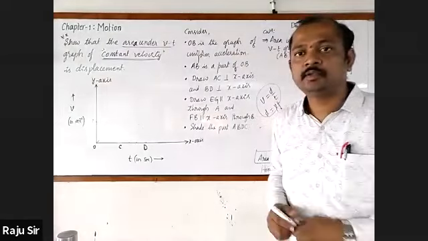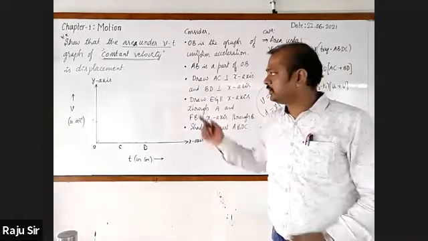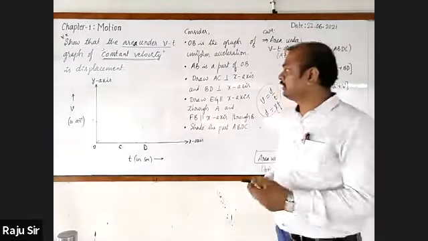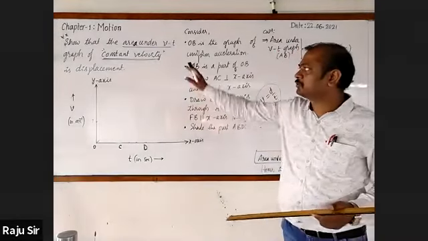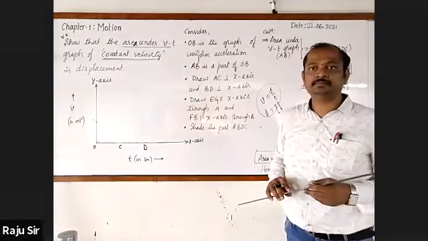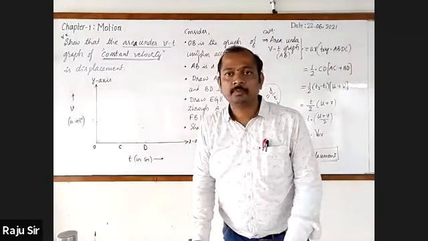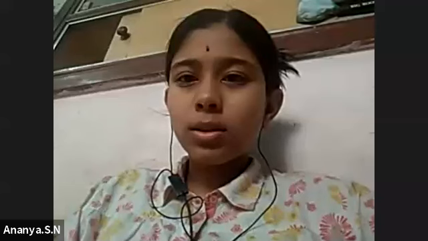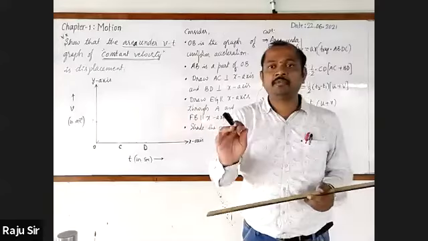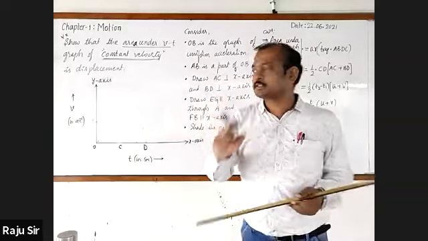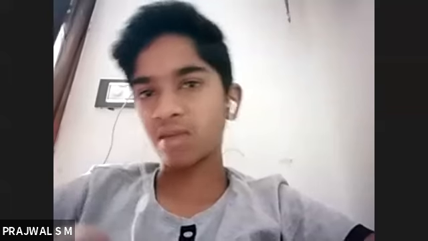Yes, Ananya. Could you tell how the graph should be to represent constant velocity? Parallel to the x-axis, sir. The graph should be a straight line, and this straight line should be parallel to the x-axis, or time axis.